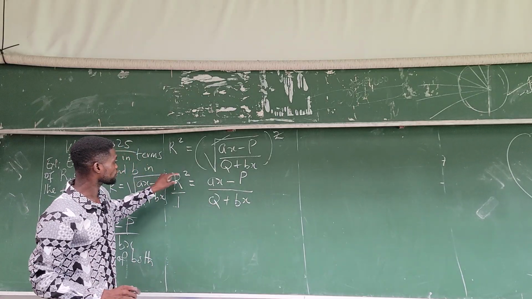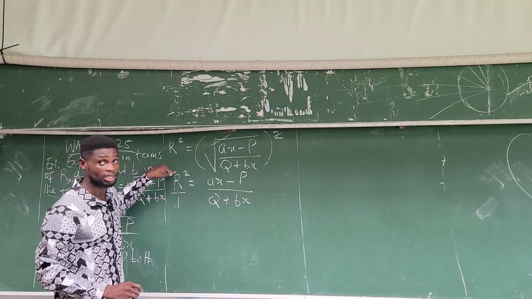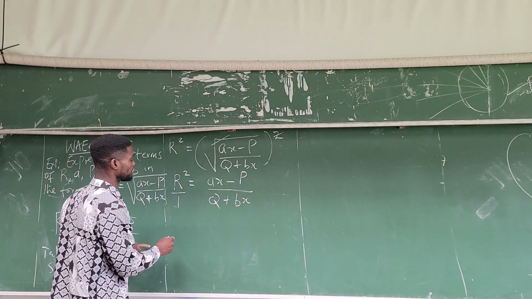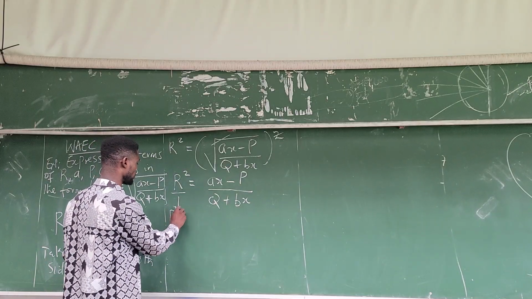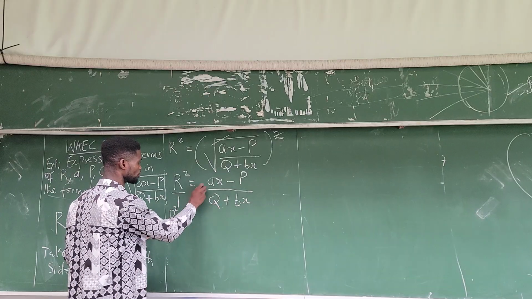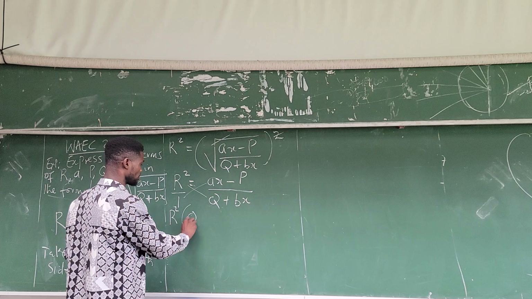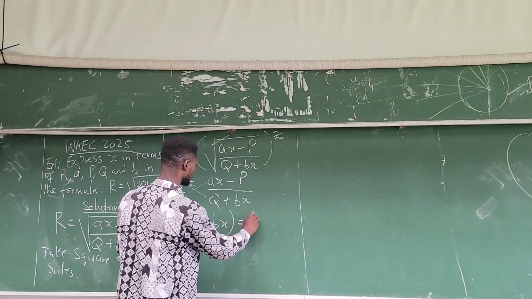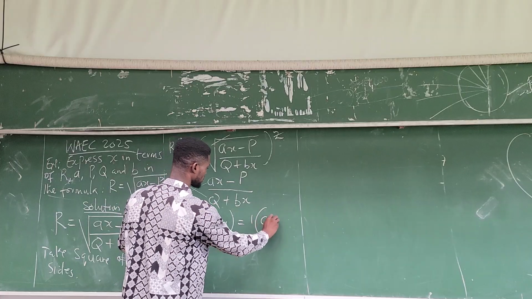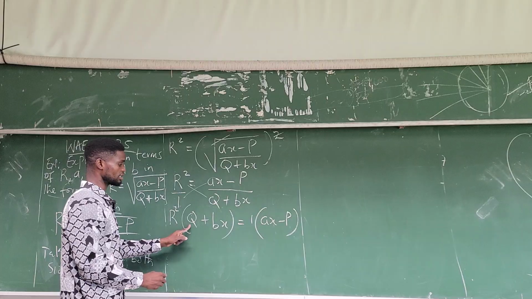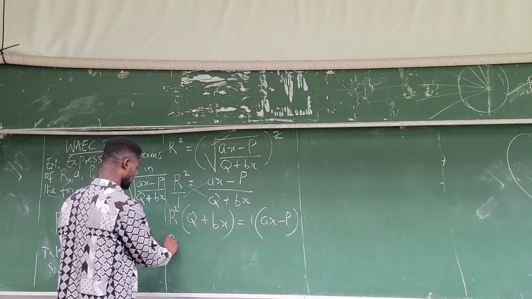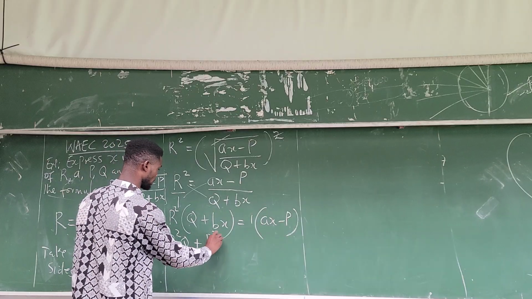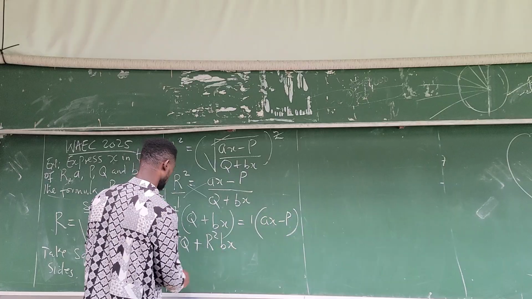R square over 1 is the same thing as R square, since anything divided by 1 is that same number. Then we cross multiply: R square times Q plus BX will be equal to 1 times AX minus P. R square times Q gives R square Q, and R square times BX gives R square BX.